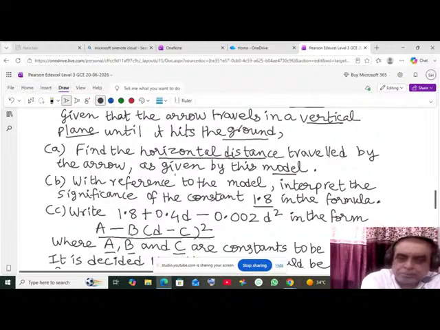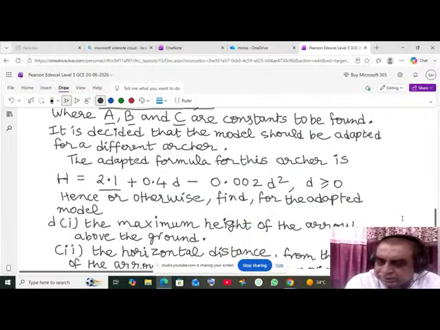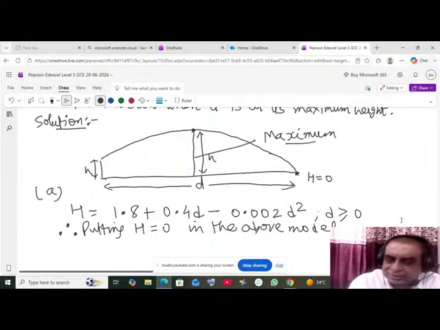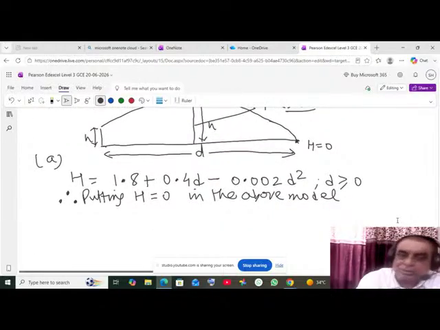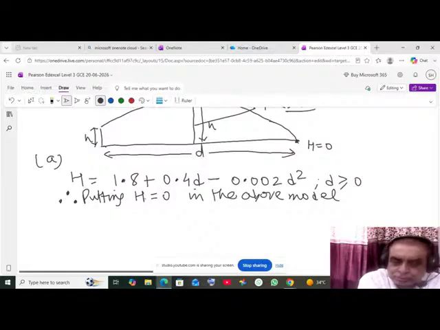That is the question. Find the horizontal distance traveled by the arrow before hitting the ground. So the vertical height at that point is 0. So put the h value 0 and solve this equation.